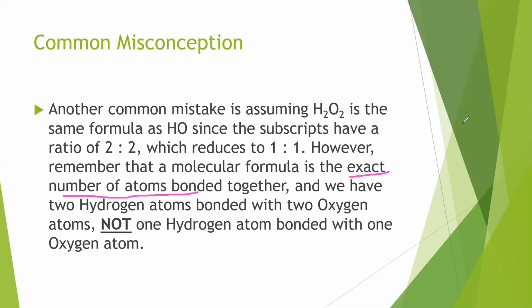So this molecular formula says that there's exactly 2 hydrogen bonded to 2 oxygen. It's incorrect to say that there's 1 hydrogen bonded to 1 oxygen. That's not the whole molecule. So that's why it's H2O2 instead of HO, because the formula tells exactly what bonds together.